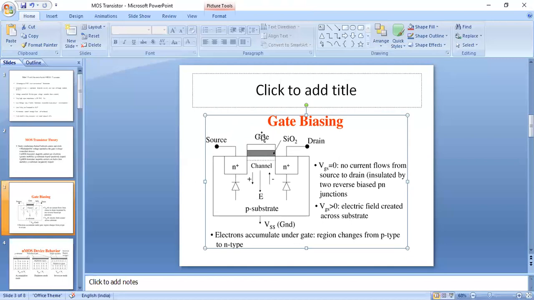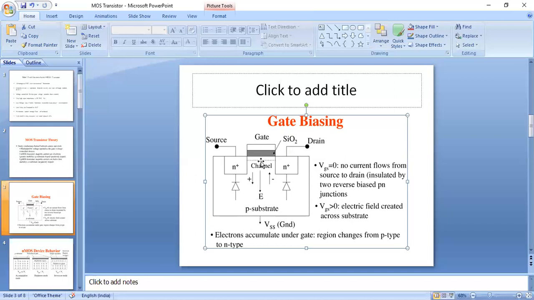If I apply more and more gate potential, then based on the attraction and repulsion of the charge carriers, the channel portion is entirely occupied by electrons. The electrons are attracted into this channel, so that this place is converted from the P substrate into N type material.